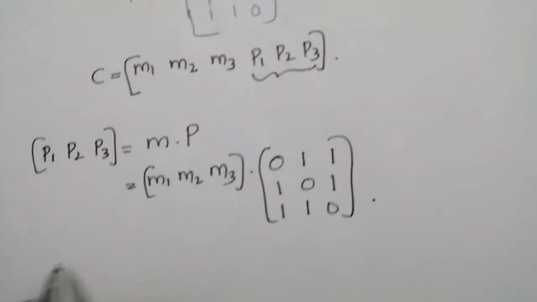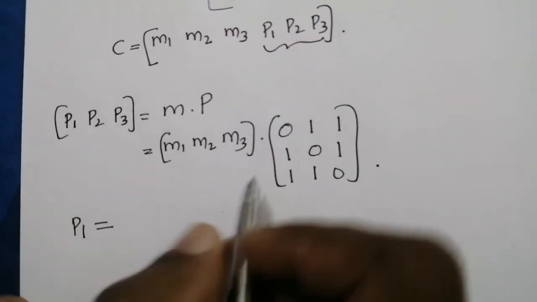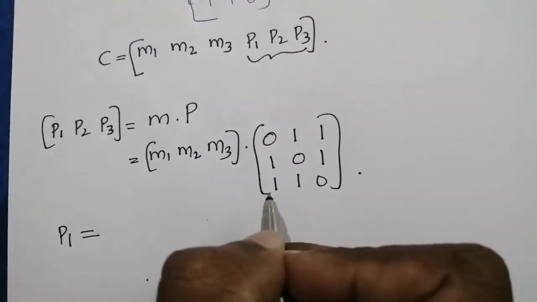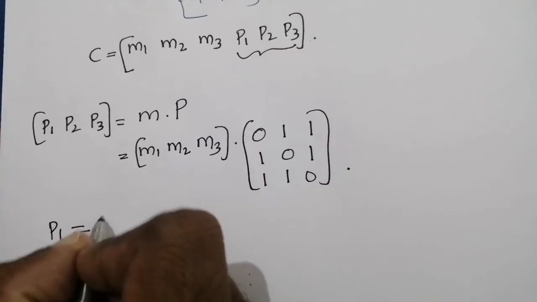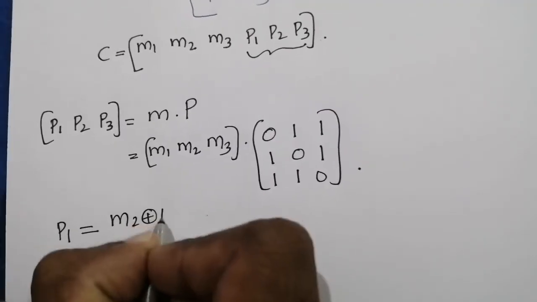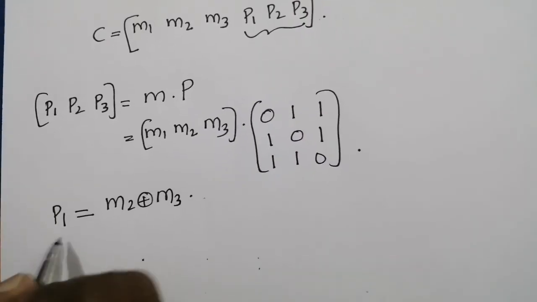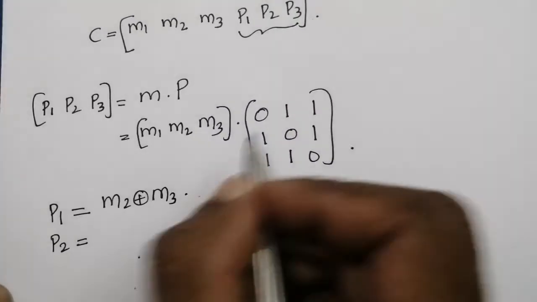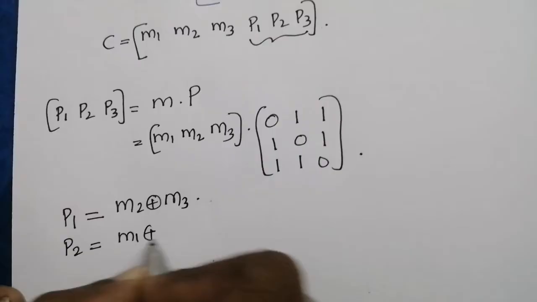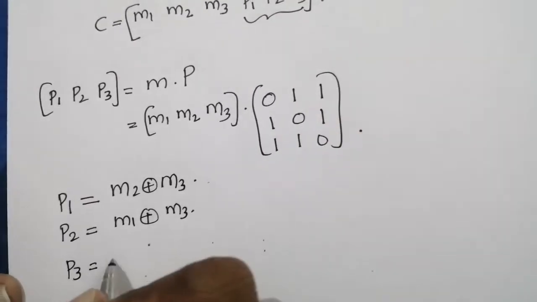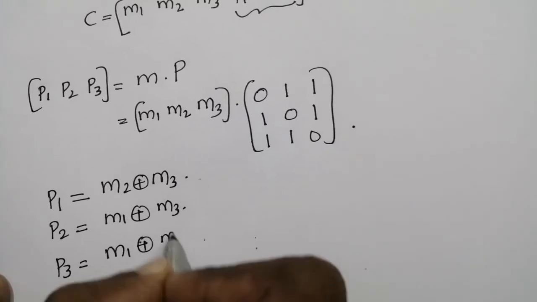So from this we can see that P1 equals M1 times 0 plus M2 times 1 plus M3 times 1. So that will be equal to M2 plus M3. This is modulo 2 addition. Similarly, P2 will be equal to M1 plus M3 and P3 will be equal to M1 plus M2.